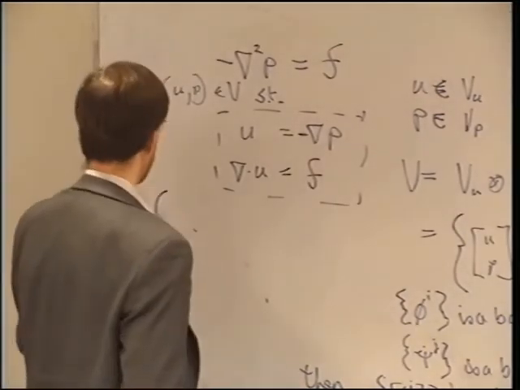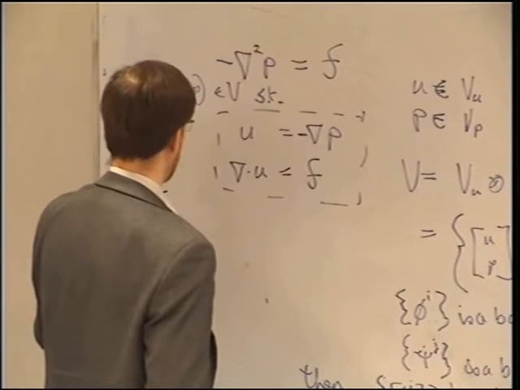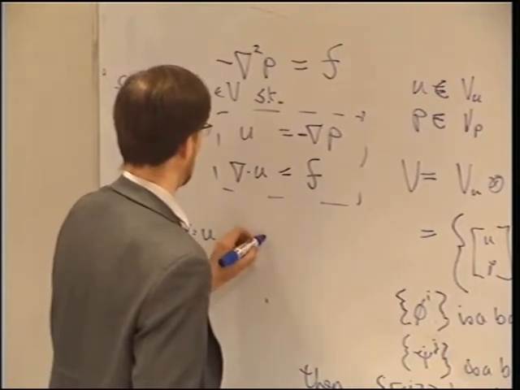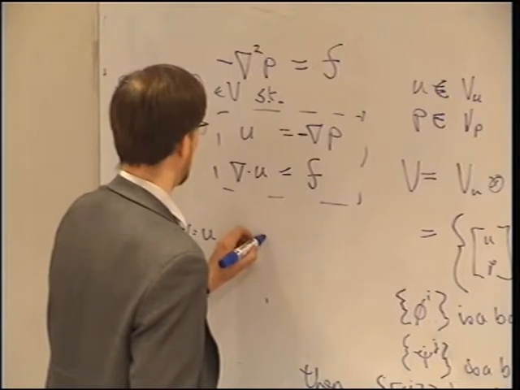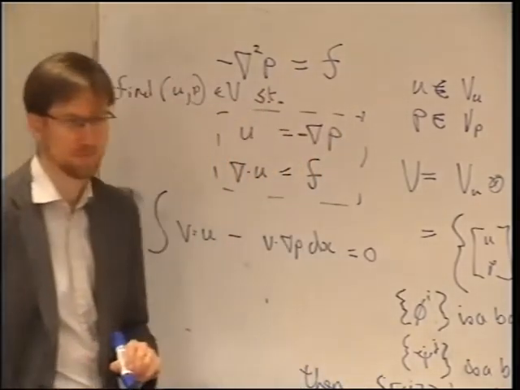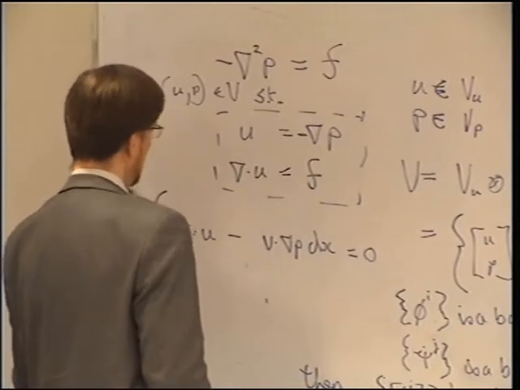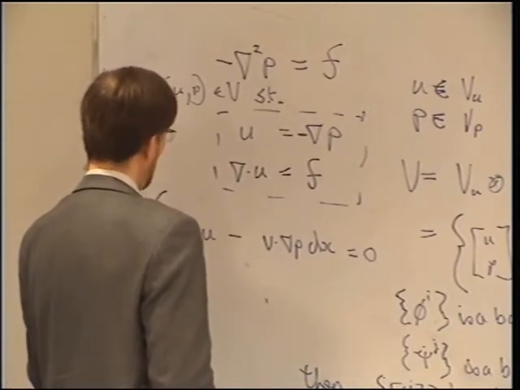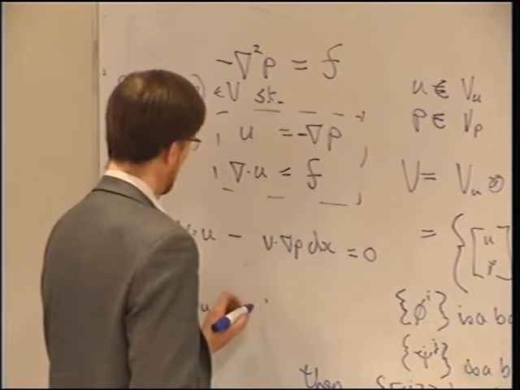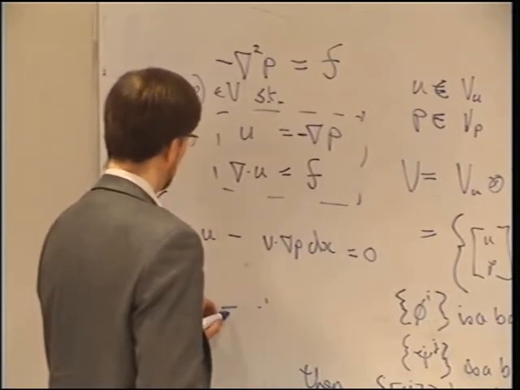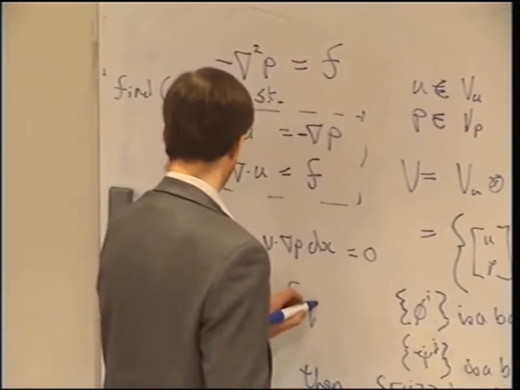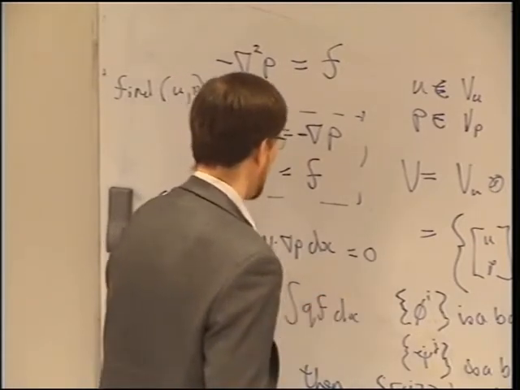So the integral of v dot u minus v dot grad p dx equals 0, and the integral of q dot u minus, actually we can write it like this to show what's left on the right-hand side, equals the integral of q f dx.